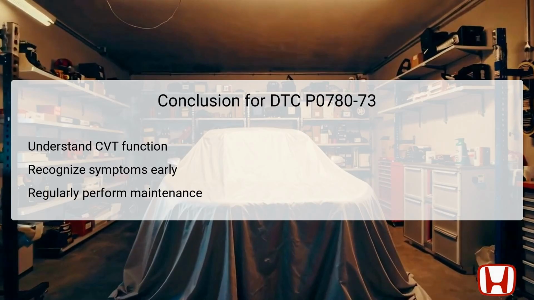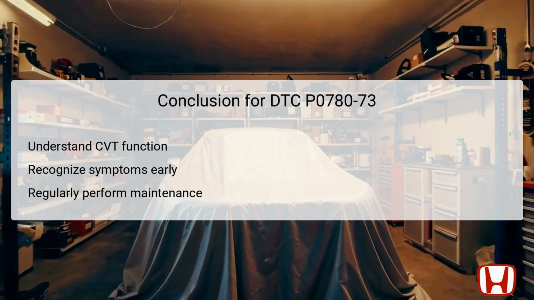In conclusion, understanding the CVT's functionality and recognizing early symptoms is crucial in managing issues related to DTC P0780-73 effectively. Awareness of these symptoms allows drivers to respond swiftly, potentially preventing more extensive damage to the vehicle.